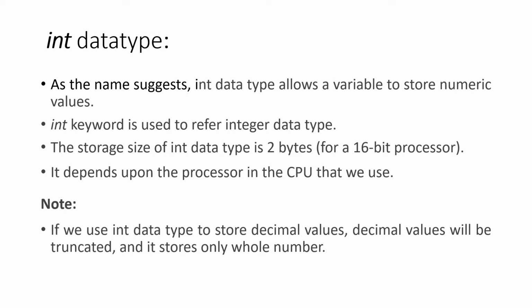The storage size of int data type is 2 bytes for a 16-bit processor. It depends upon the processor in the CPU that we use. Note: if we use int data type to store decimal values, they will be truncated and it stores only whole numbers.